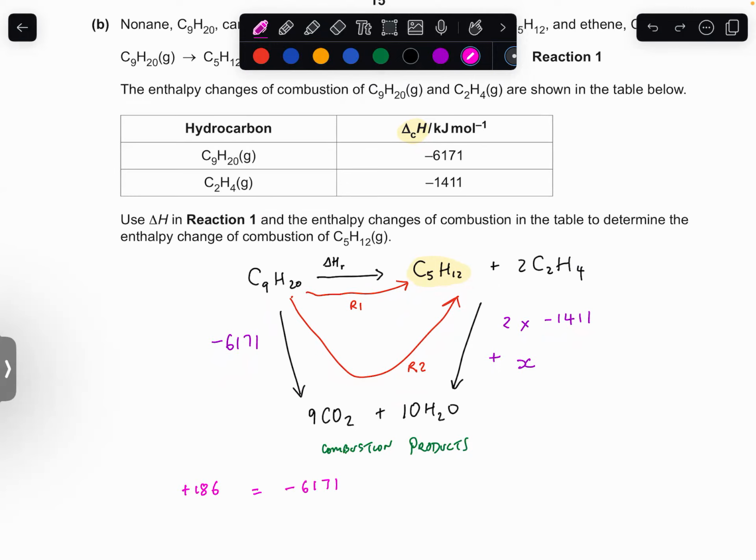And then you're going against this arrow. And because you're going against, we put a big minus there. We open a bracket. It's going to be 2 times minus 1411 plus x is what we're trying to work out. With calculations like this, be very careful and use brackets. It helps a lot.